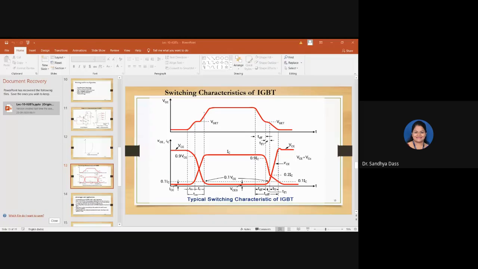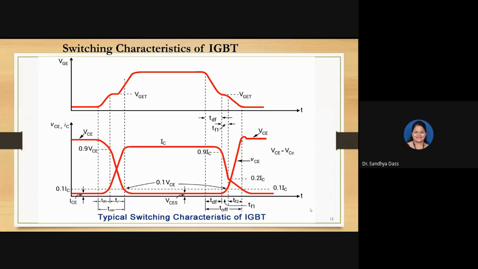Now go back and look at the waveform there. What are you able to interpret? So what is T on from our previous sessions? It is the total time for the device to turn on, right? It is given by the summation of delay time plus rise time, isn't it?